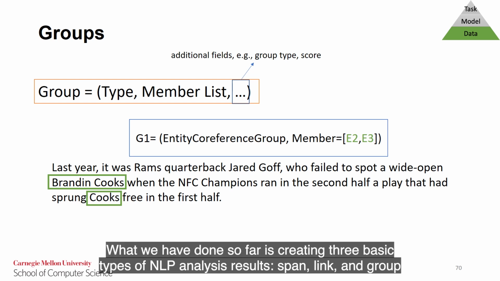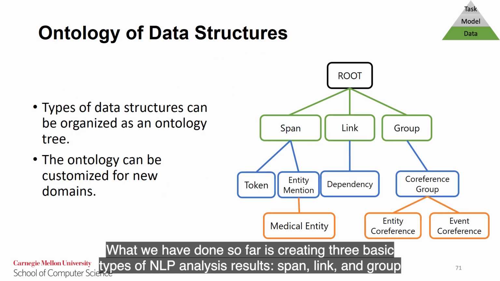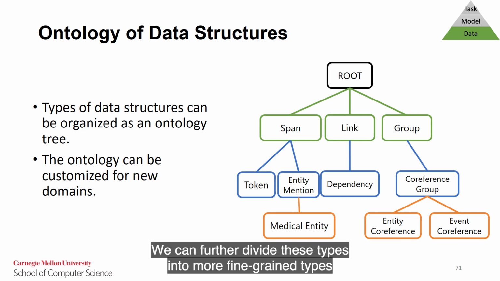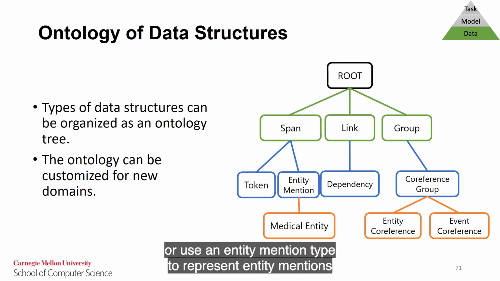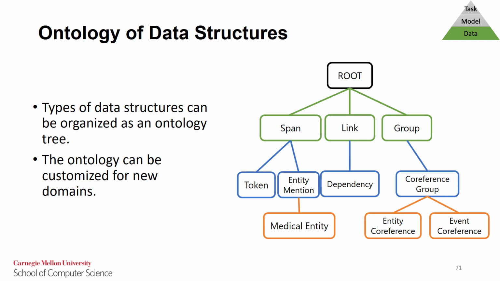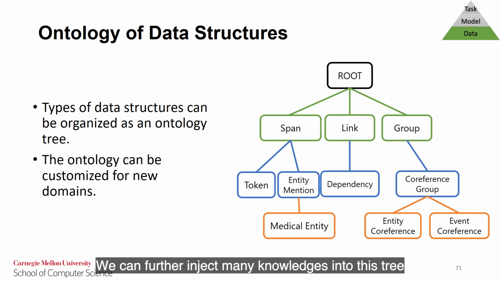What we have done so far is creating three basic types of NLP analysis results: span, link, and group. We can further divide these types into more fine-grained types. For example, we can use a token type to represent a word, or use an entity mention type to represent an entity mention. We can further inject domain knowledge into this tree.